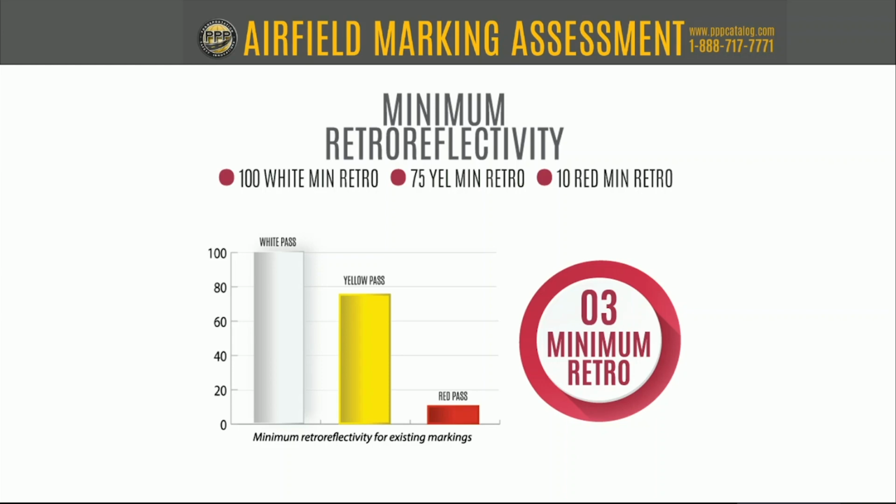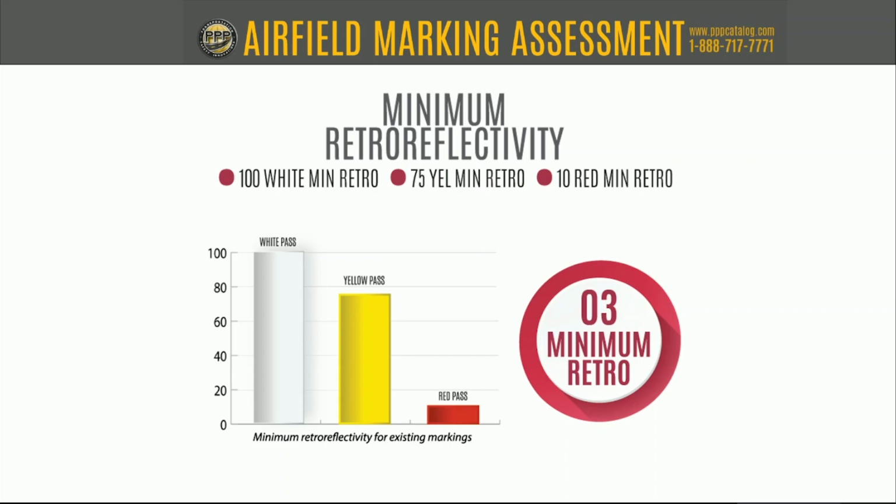We did one, and I think the average on the entire airfield was like 690 millicandela, 640 millicandela, something like that. And that was white and yellow combined. Now, that was high index beads. So you will get a difference there, and you've heard us talk a lot about that already.